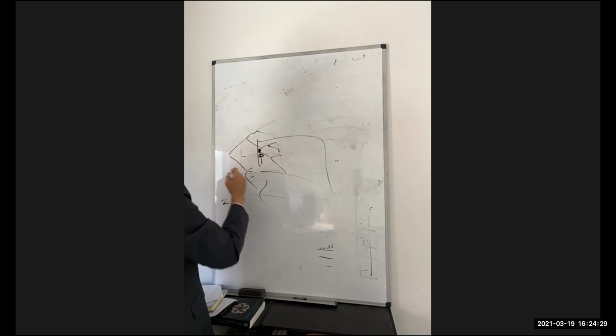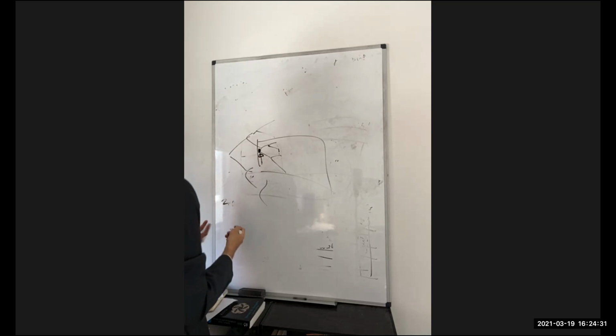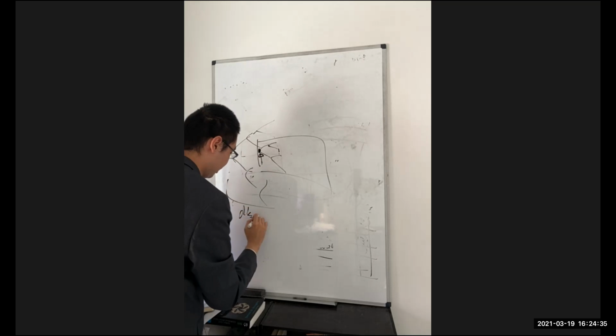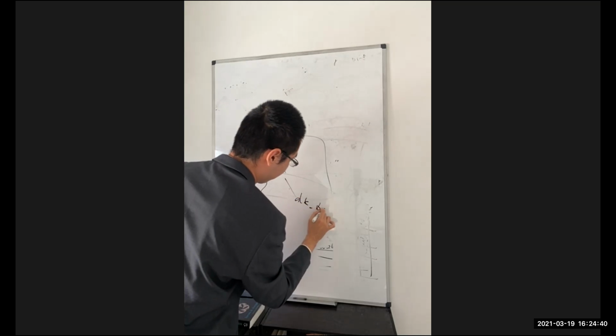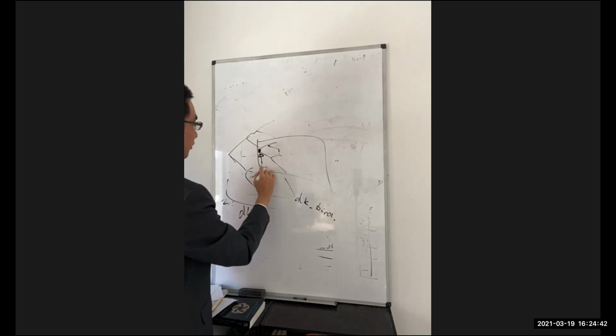For example, in the last example, we used the dkeg, the dk example, to append dk bird. So the bird will start here.